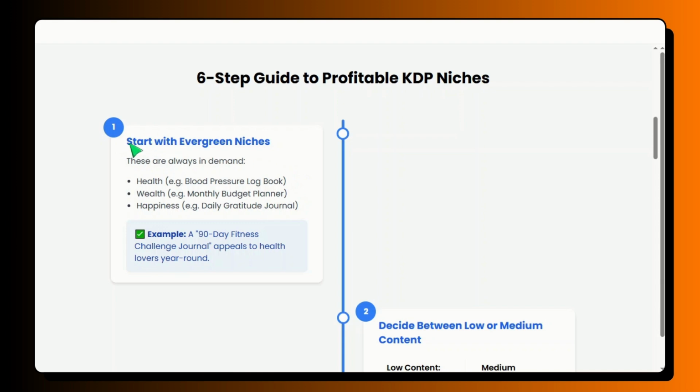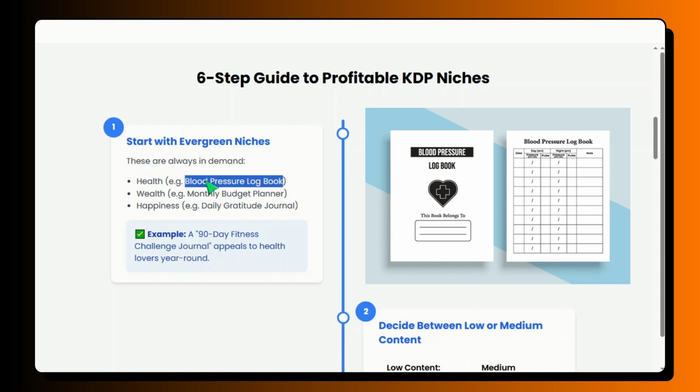Step 1. Start with evergreen niches. The best niches for beginners are evergreen, meaning they're always in demand no matter the season or trend. The top 3 evergreen niches are health, wealth, happiness. In health, people always want to improve their fitness, track their diet, or manage medical conditions. Examples include workout logs or blood pressure trackers.